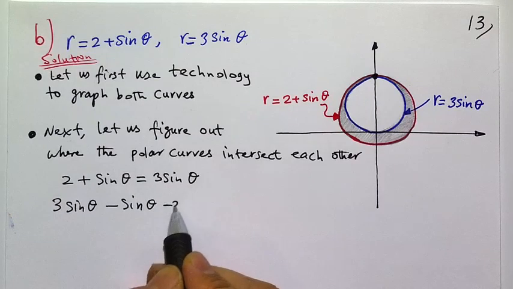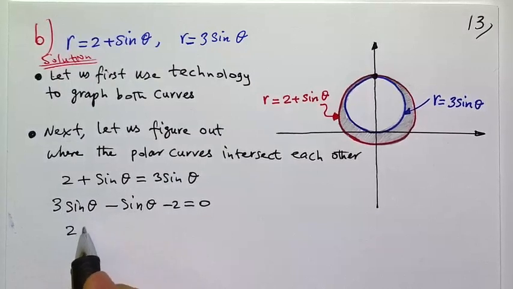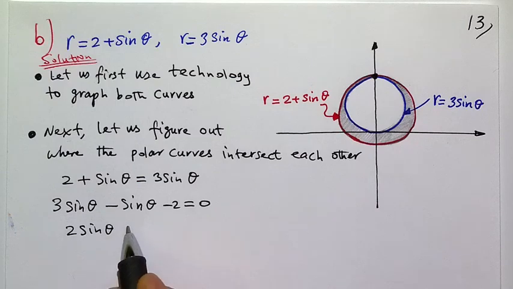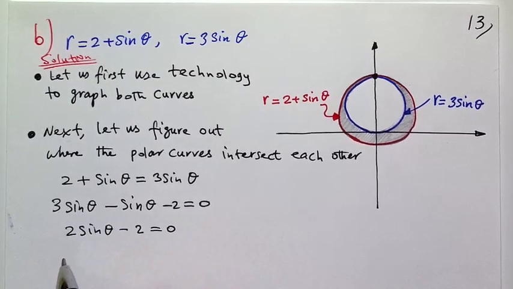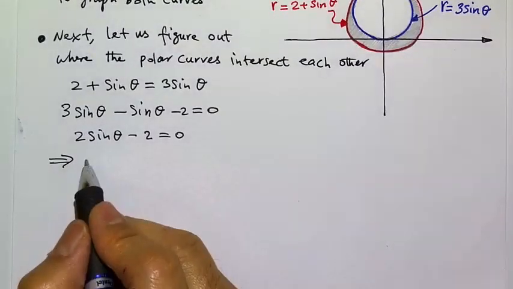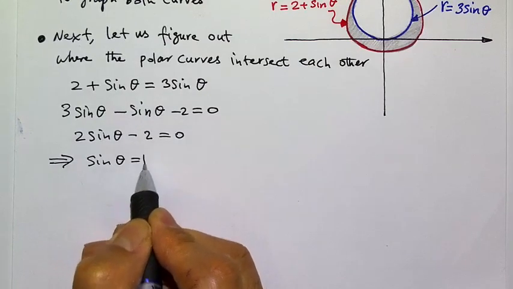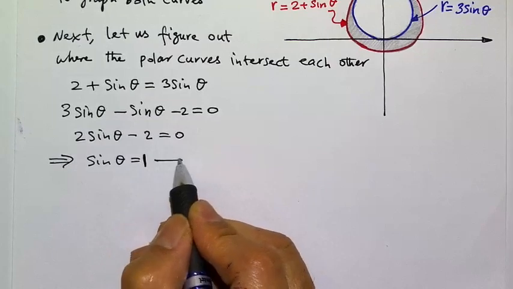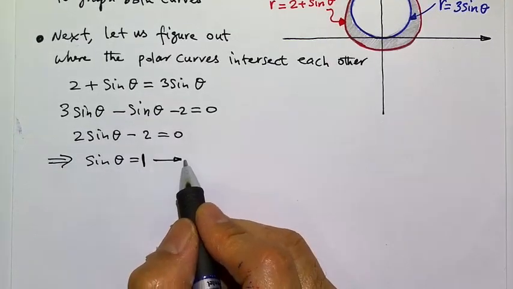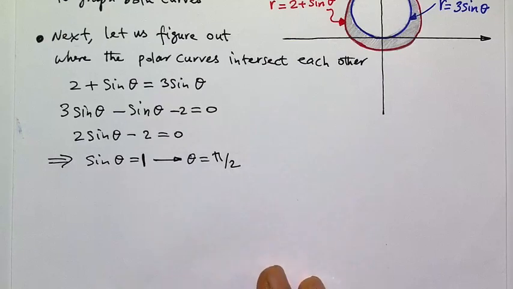Then this minus that, we get 2 sine theta minus 2 equals 0, and therefore we have sine theta equals 1. So where is it that sine of theta equals 1? That means theta has to be equal to pi over 2.